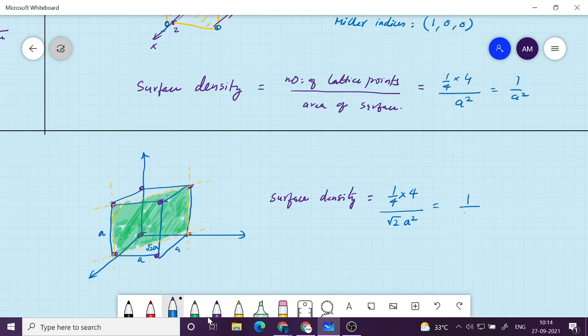So 1 by root 2A square. So if it is a simple cube, this particular plane, what is this plane? This plane is basically the 110 plane of a simple cube.